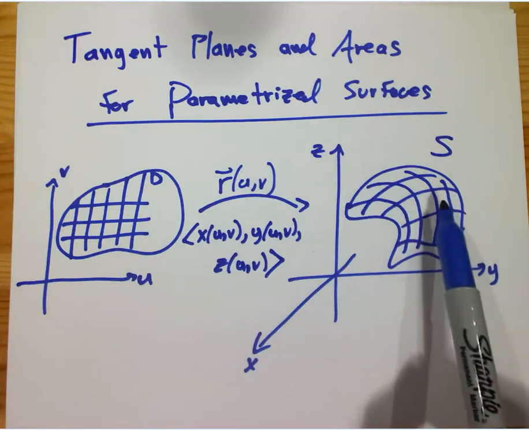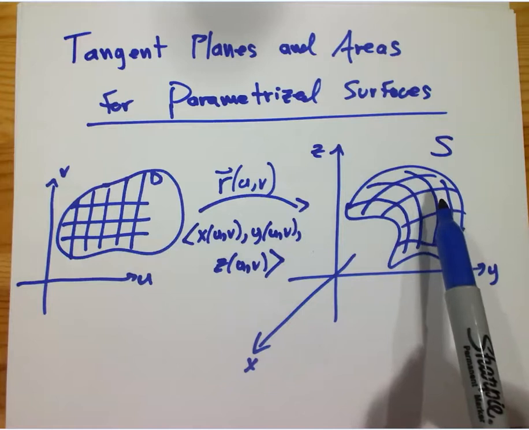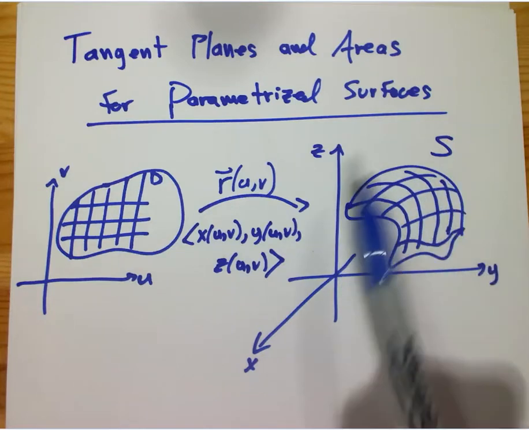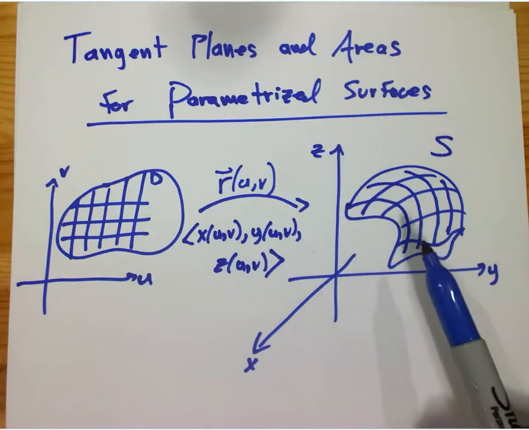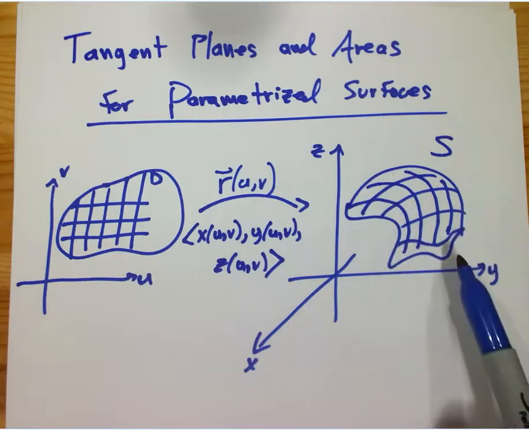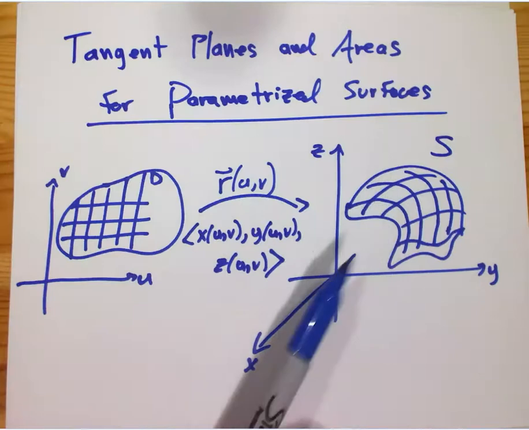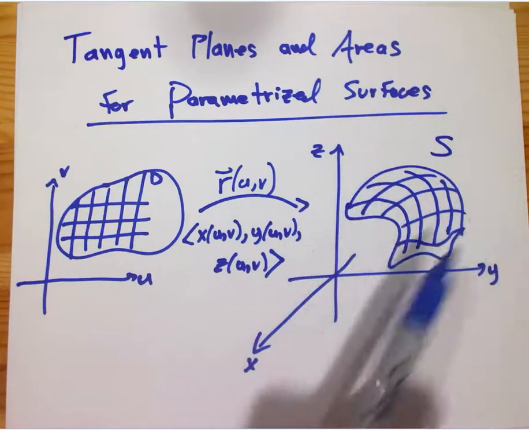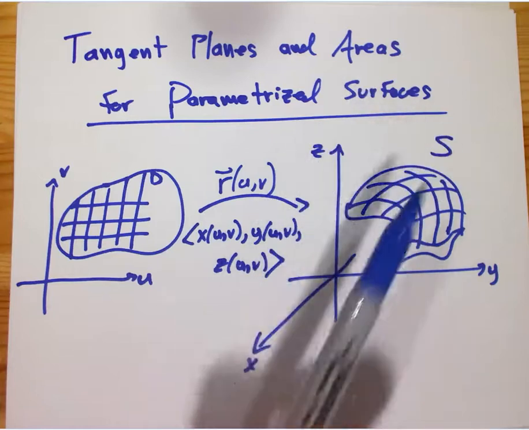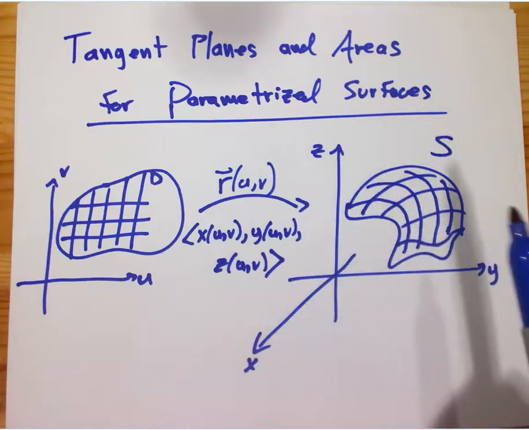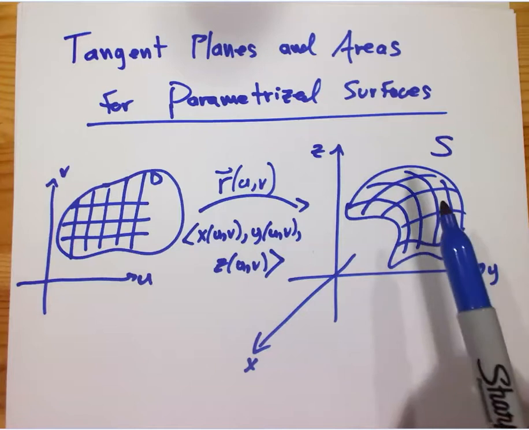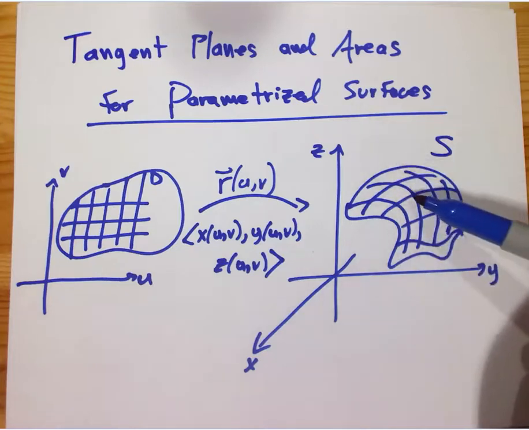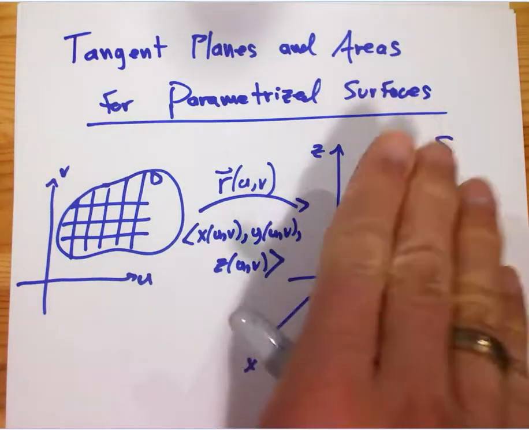And if we're going to integrate things over this, if we're going to find the surface area, or if we're going to integrate a scalar function, which would be useful, for example, for finding the mass of a shell of variable density, or if we're going to look at a fluid flowing through, that's going to be the most interesting thing, a vector field flowing across it, and try to find the flux, very analogously to what we were doing in 2 dimensions across a curve, then we need a precise description of exactly at any particular point, how is that surface sitting in 3-dimensional space?